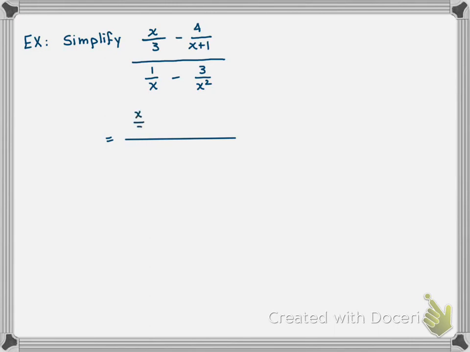So x over 3 times x plus 1 over x plus 1 minus 4 over x plus 1 times 3 over 3. So our LCD is 3 times x plus 1.